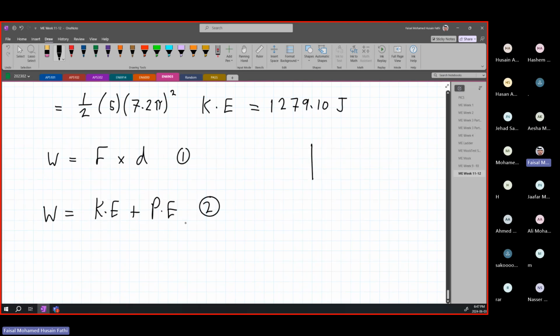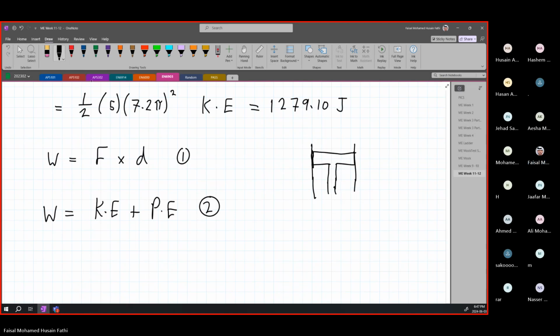If we look at the piston, it has two energies. It doesn't have just one. It has both kinetic and potential. Why? Because it has a specific height over here, all right? Or it covers a specific height, I should say. So it moves from here to here, this height, and let's do the connections very quickly.